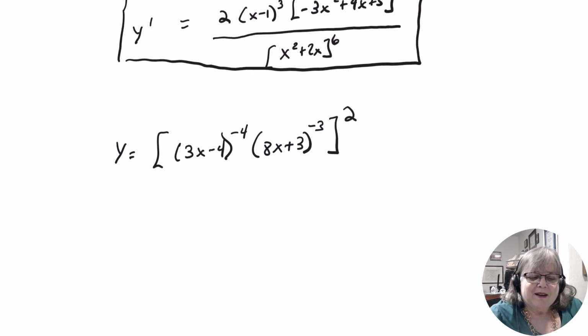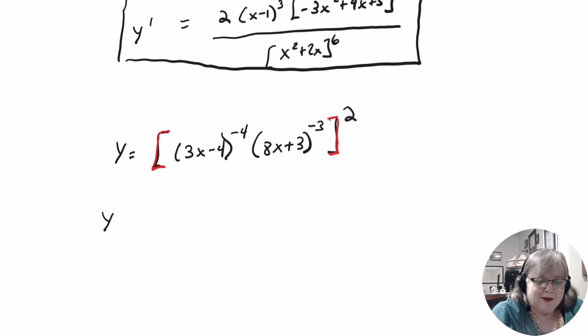Working your way out, you'd have the 3x minus 4 to the negative 4th times 8x plus 3 to the negative 3, which is a product, all raised to the second power. So the outer part is 2. It's a power rule. Inside is a product, and inside the product is another power.